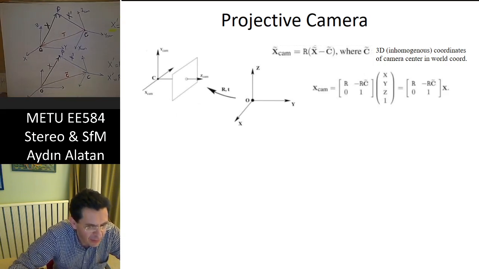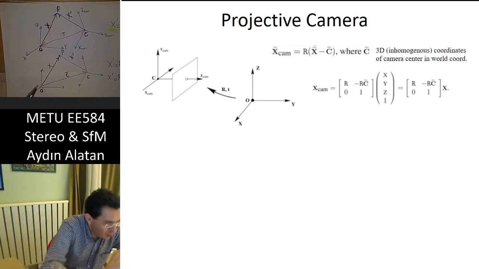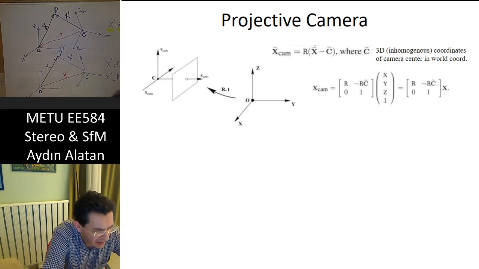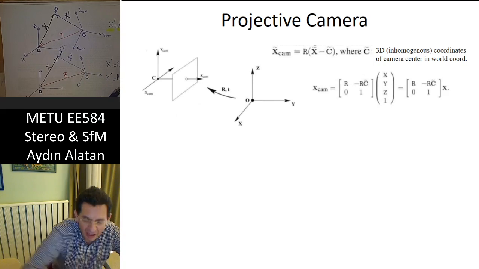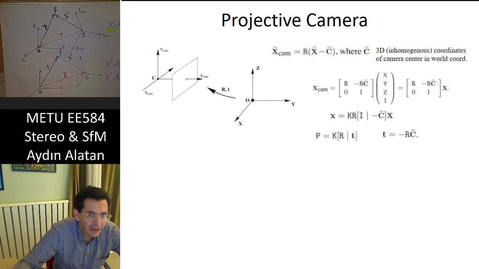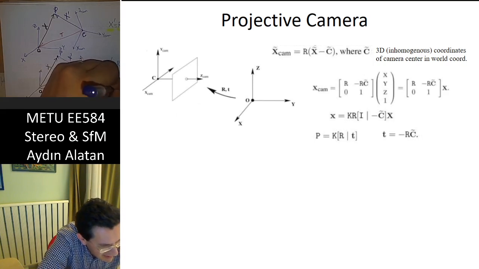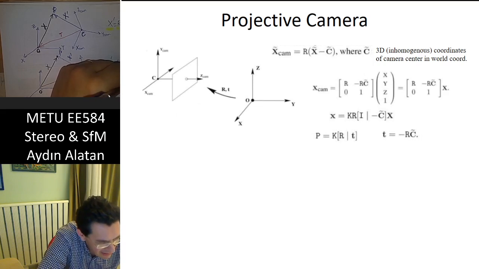As soon as you subtract them after multiplication with R, you are saying that you basically rotate this one with respect to this coordinate system. Therefore, such a structure, if you write it in this way, you will be able to obtain your result, which means this t is nothing but minus R c tilde.